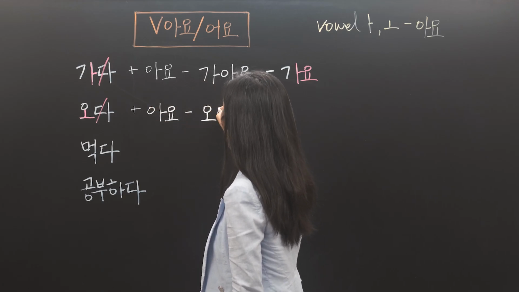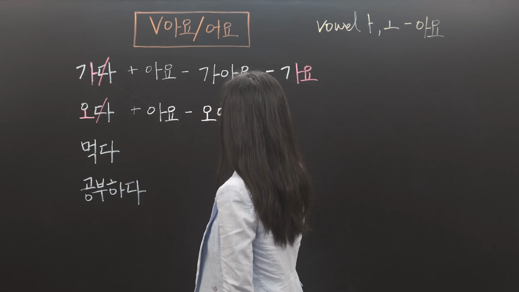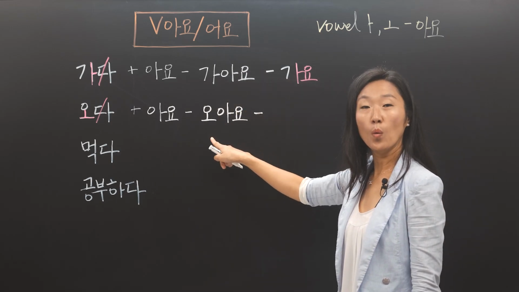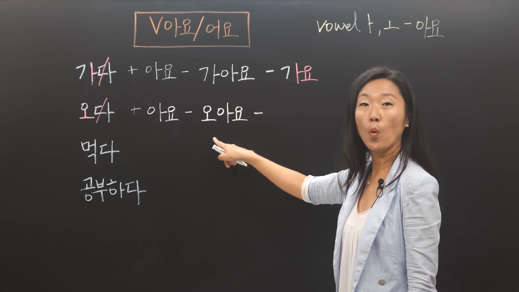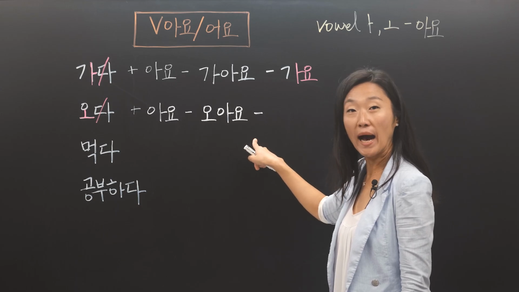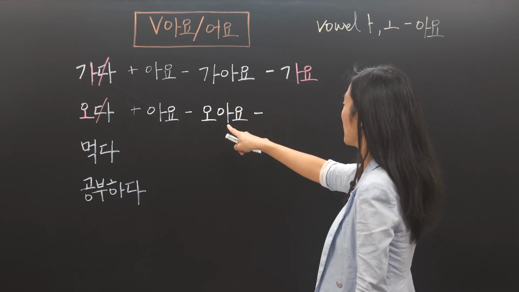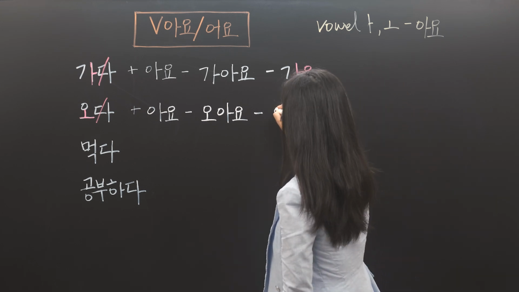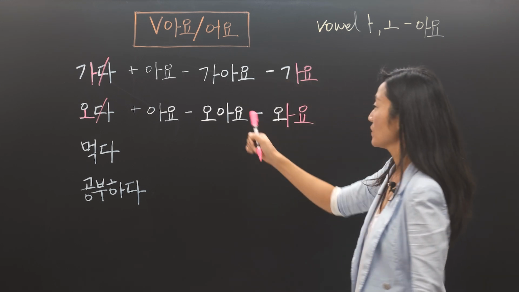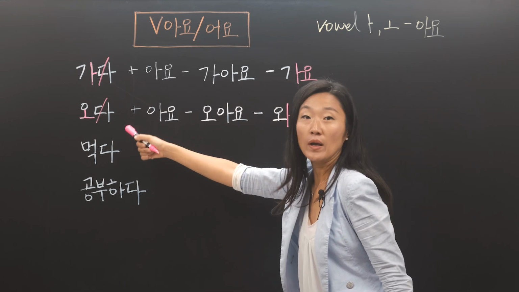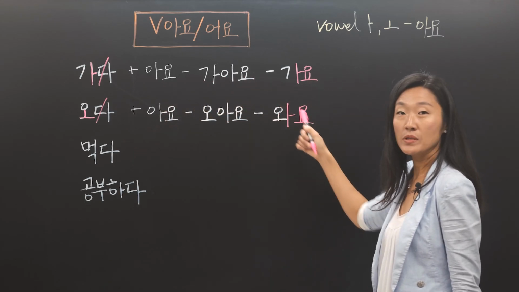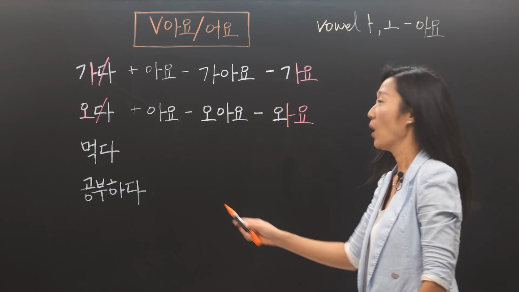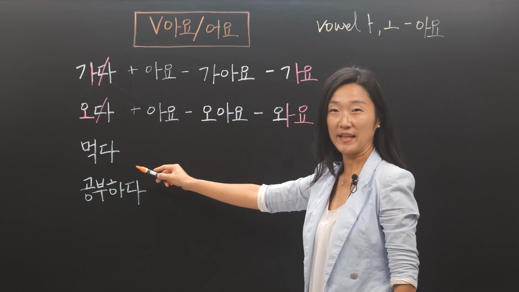O, a, yo. O plus a becomes wa. So O plus a becomes wa. That's why 오다 becomes 와요. 오다, 와요.